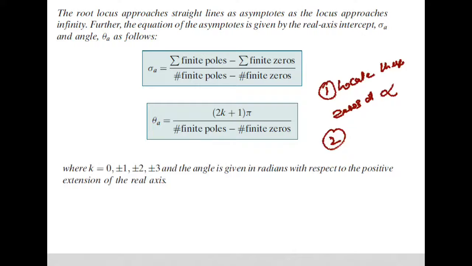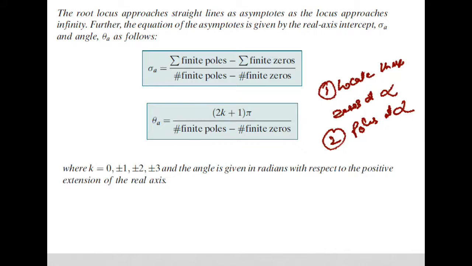And the second point is that it helps to locate poles at infinity. So this rule number 5 will help us to locate the poles and zeros at infinity.